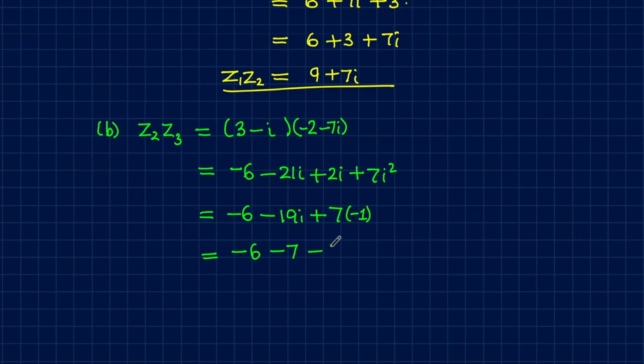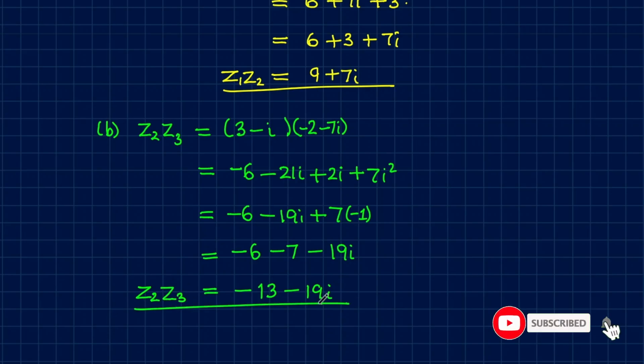So minus our 19i. Now simplifying this together, the signs are the same. We simply add and maintain the sign. So we have here 13 as the real part and 19i as the imaginary part. So if you multiply Z2 and Z3, this is the result we get.